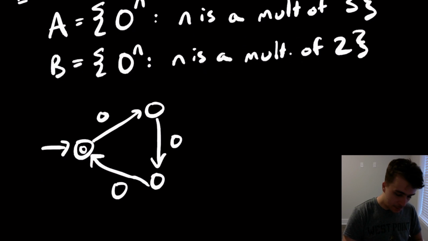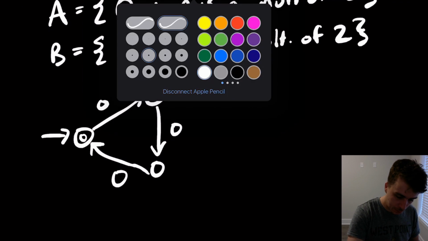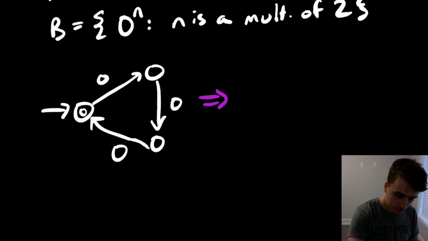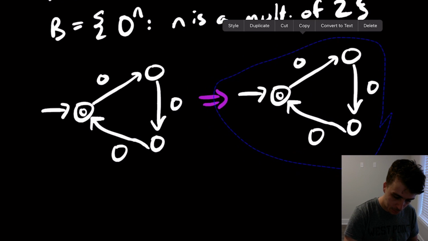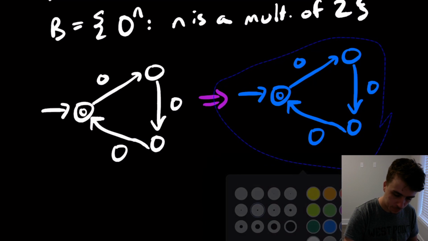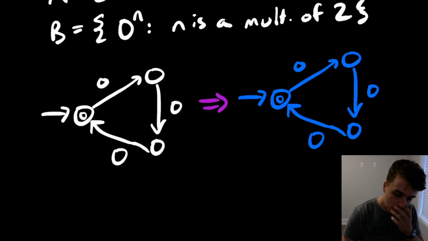Now we're going to make a copy of this DFA. I'm going to copy it, paste it here, change its color to blue, and also make none of the states final. So no state is final here.